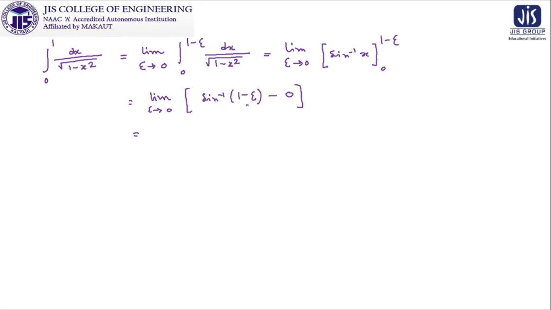Sine inverse 1 means the result is pi by 2. So this is the result, and after the examination we get that this given improper integral is convergent, and the value of this improper integral will be pi by 2.